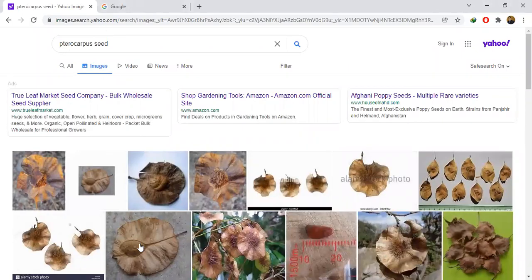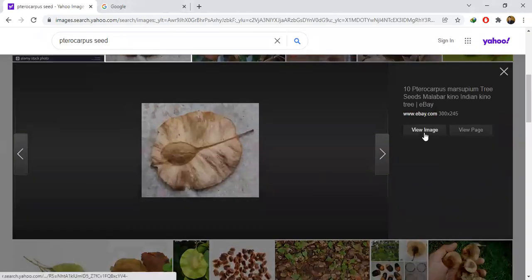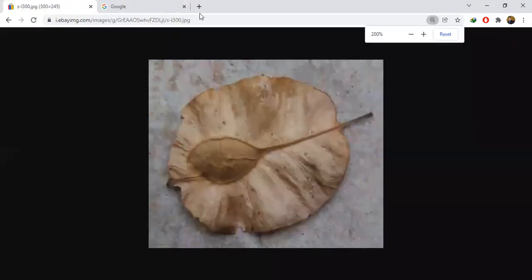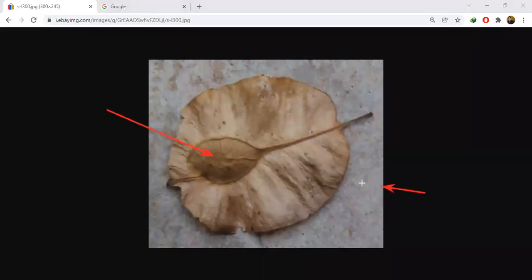Right, this is how pterocarpus seed appears. In the center part, you can see the seed, and it is externally covered by a wing, helping it to float. This is pterocarpus. Okay.